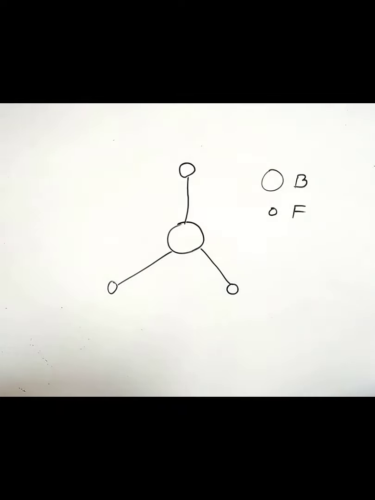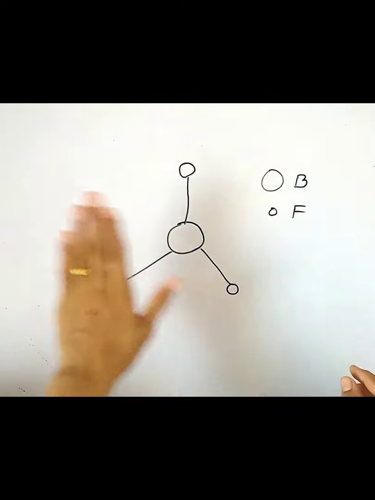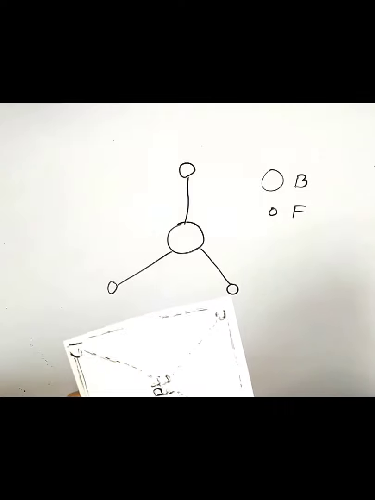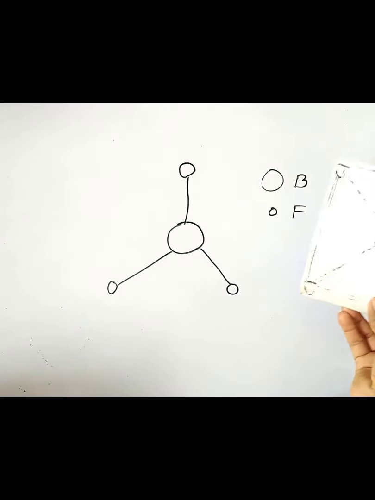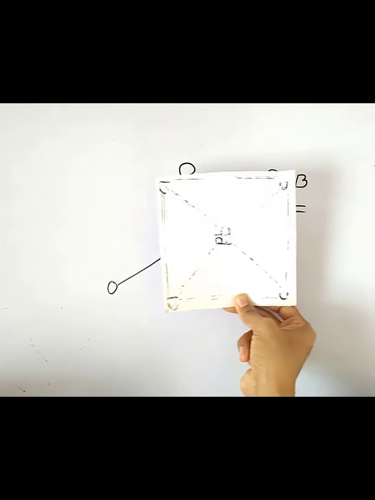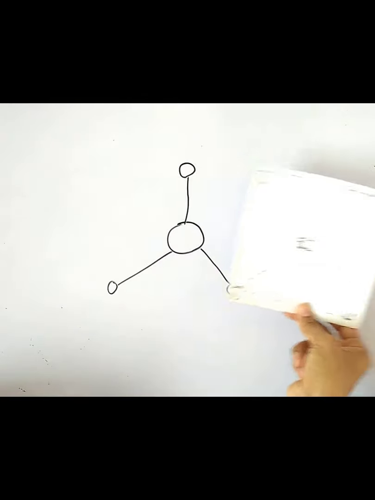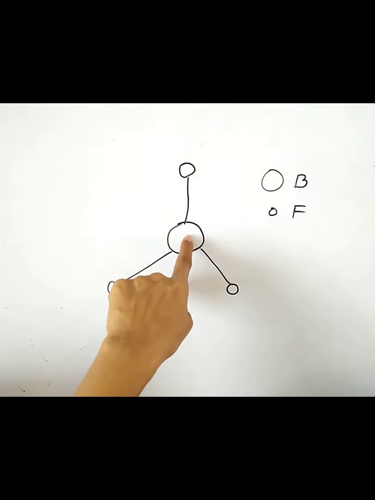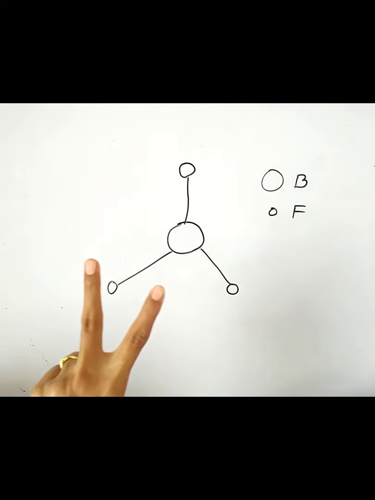Whenever we have the planar geometry, we can pass the plane in such a way that this plane will pass from the midway of all the spherical molecule, and it will cut all the atoms or all the spheres in 2 equal halves.